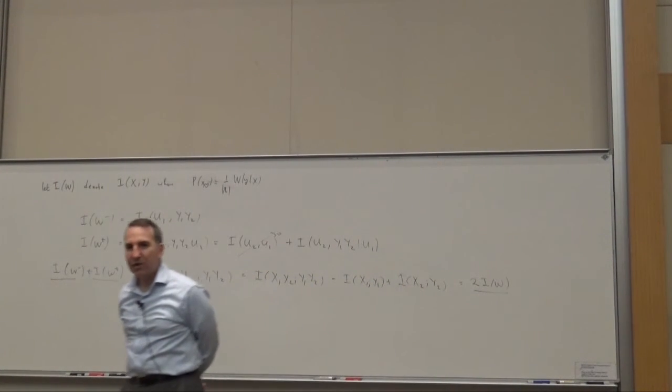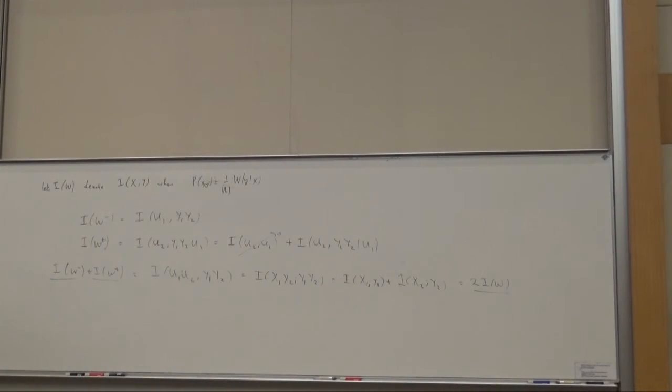So this operation is mutual information preserving. These 2 channels have the same. I haven't created, nor have I destroyed mutual information. Of course, I could have created, because of this U1 here, since the channel output contains U1, it might have created mutual information, but we haven't.